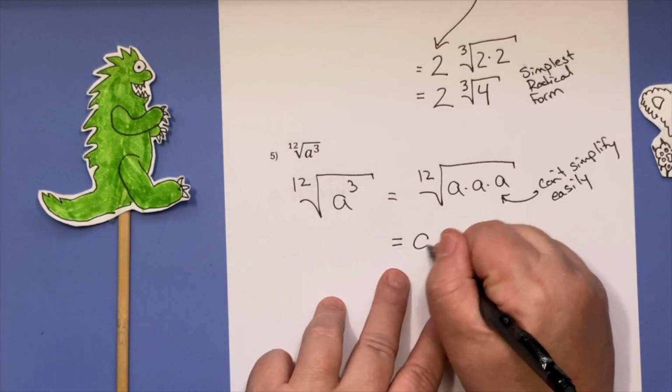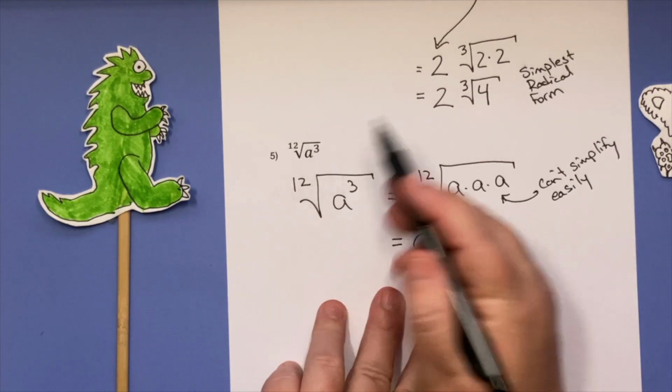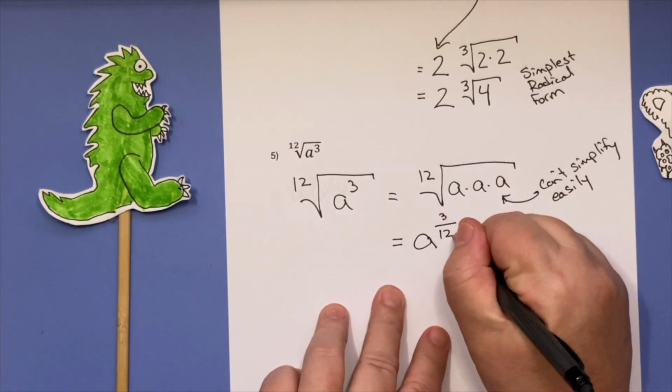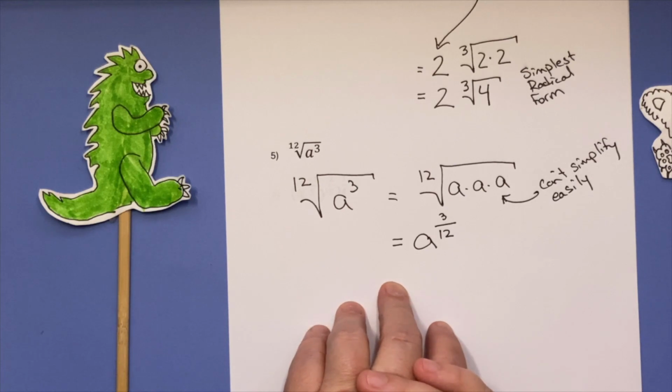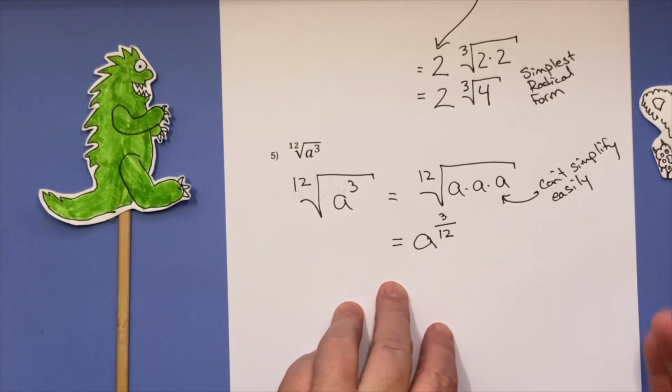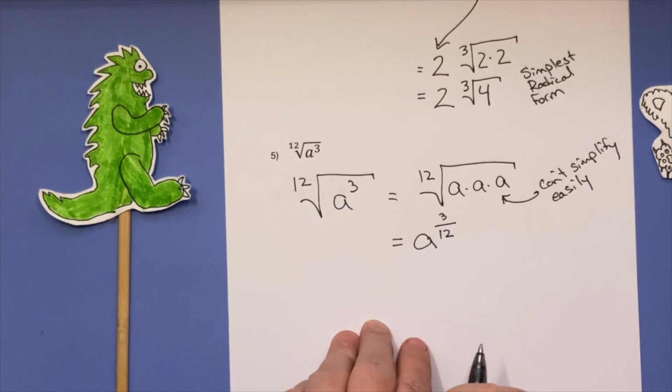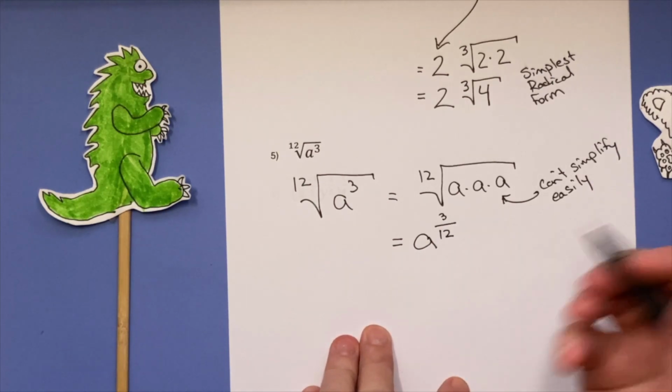So the base is a. It's basically a cubed, and then the denominator is 12. And you'll remember that a few minutes ago, I told you that fractions as exponents still act like fractions. They're just fractions. They're not magical special fractions, although that would be probably terrifying. They're just regular fractions.